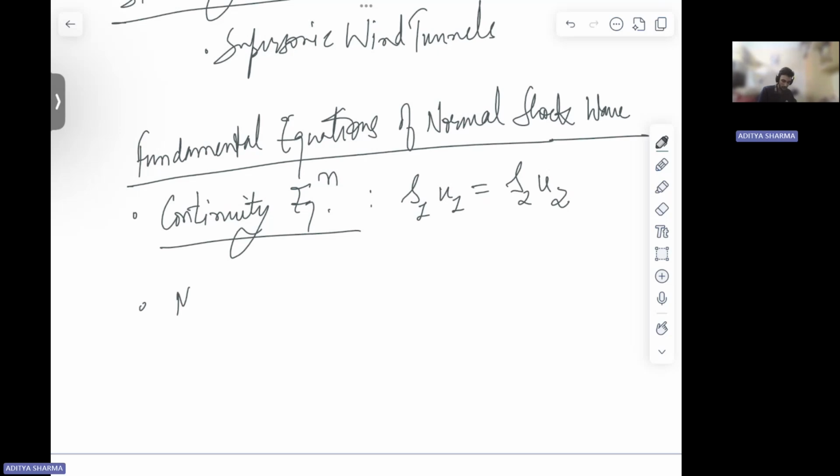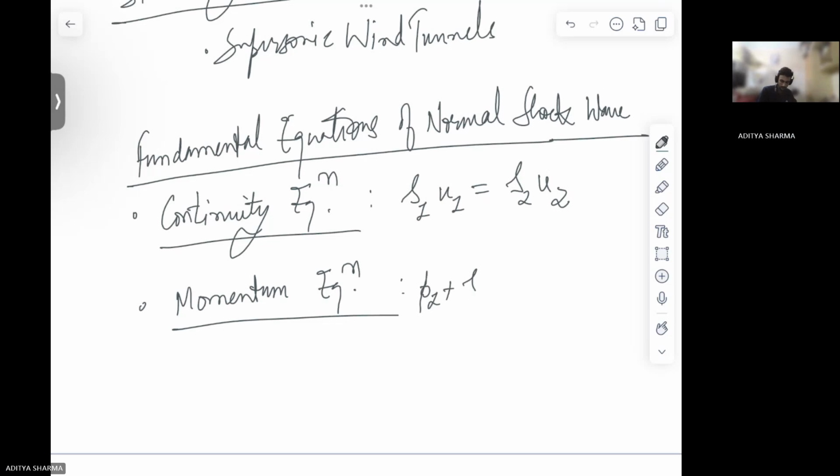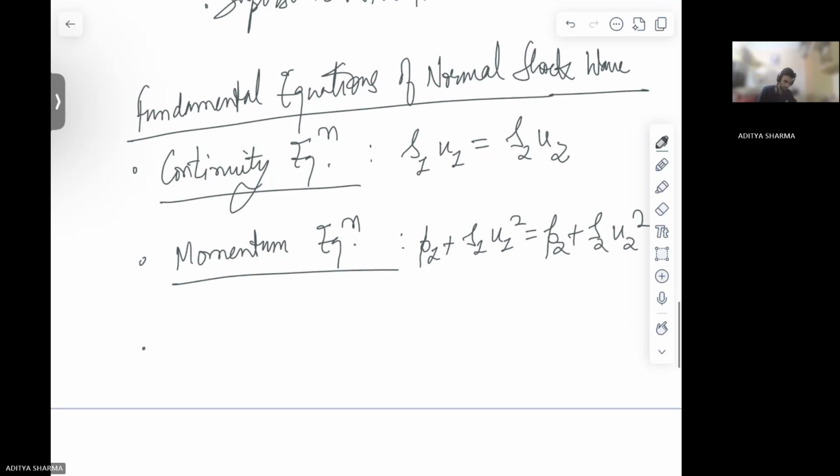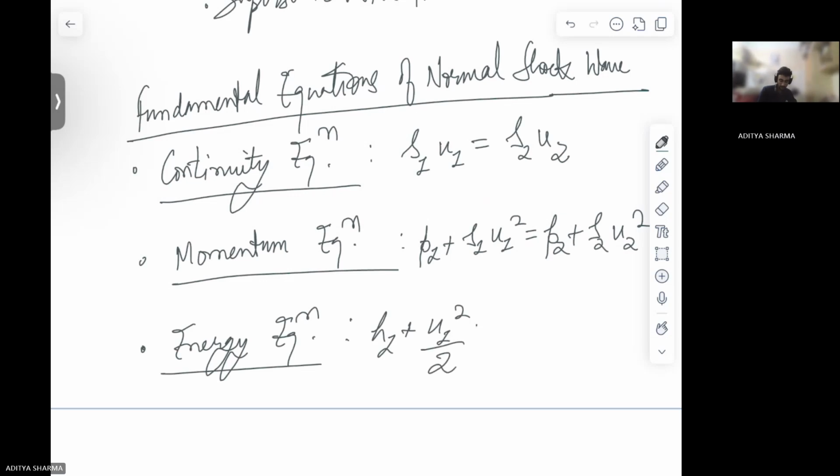Second is your momentum equation. So these are the fundamental equations for your normal shock wave.